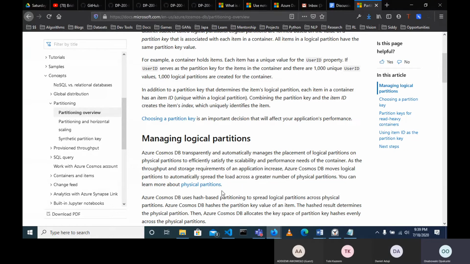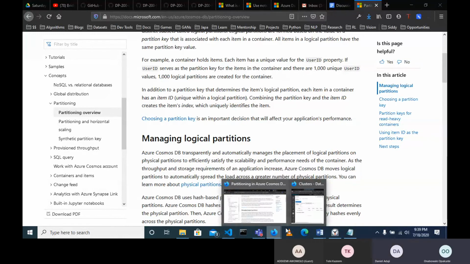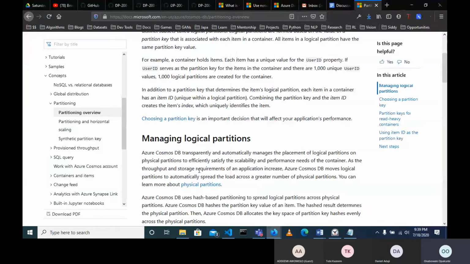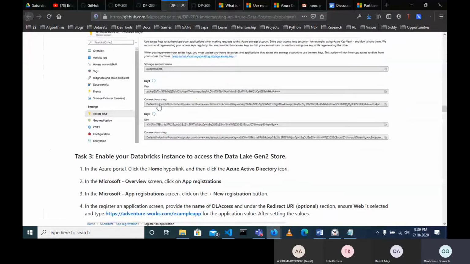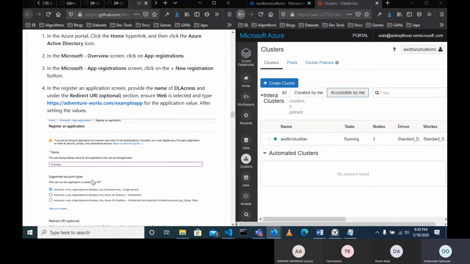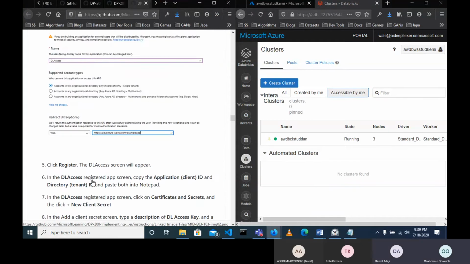Or if a few seconds is critical to your deliverables, you might need to take that into consideration. Okay, I noticed that our cluster is up and running, so let me switch back to it. Thank you, Daniel, for that explanation.